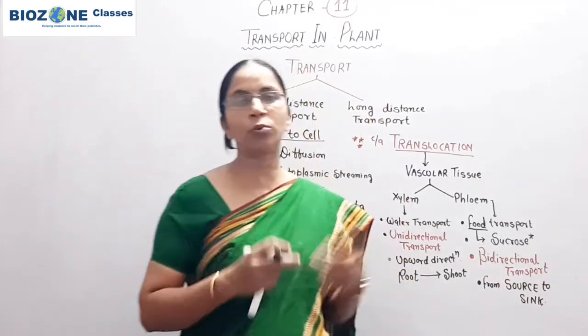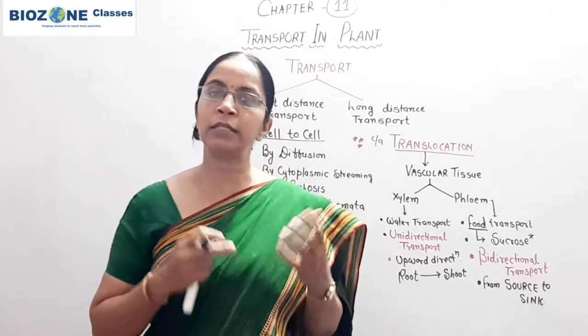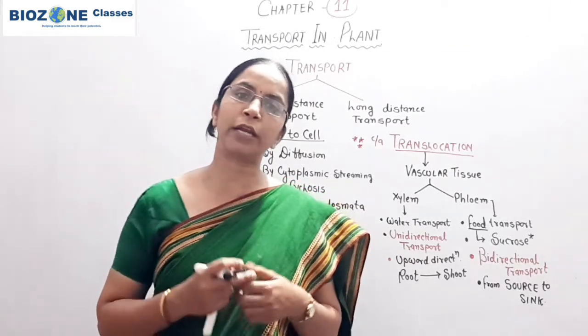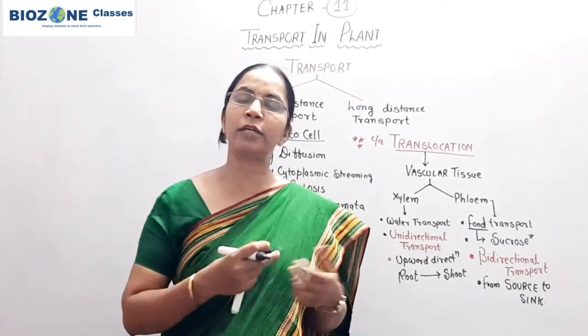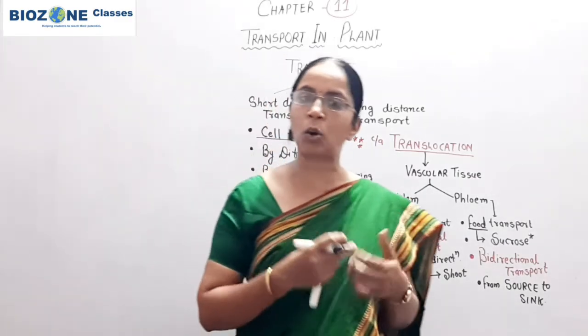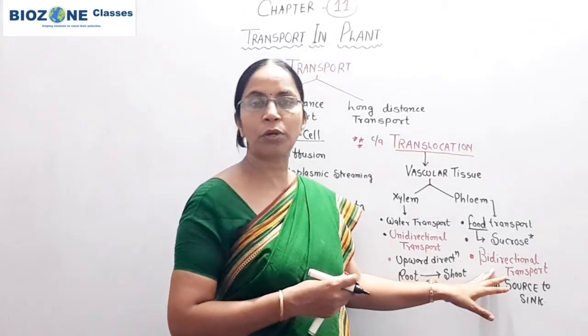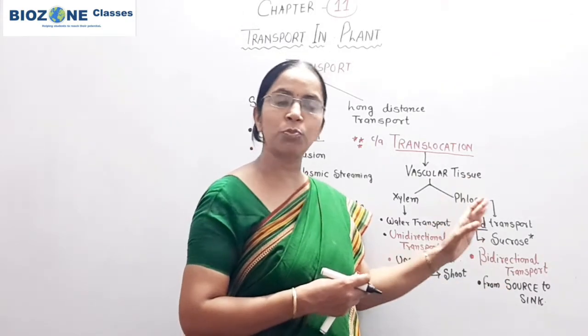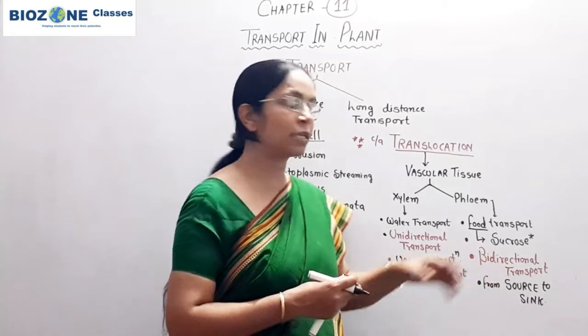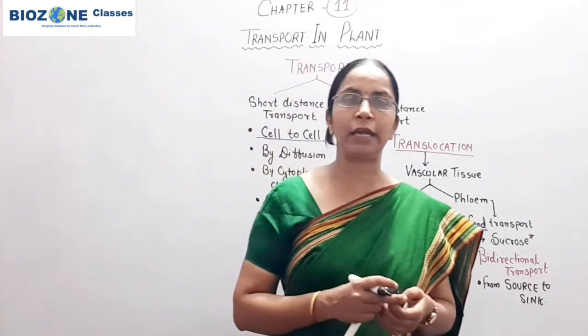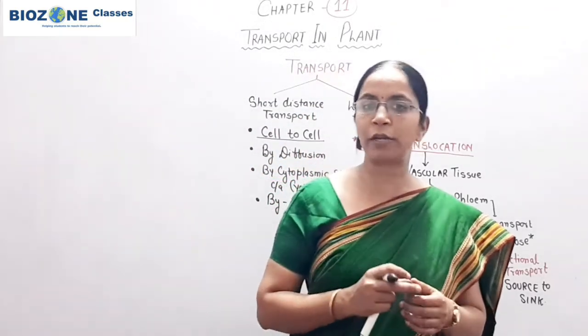According to variation in season, in some season food is transported in upward direction, in another season in downward direction, and that's why we say the transport via phloem always takes place as a bidirectional transport. So this part you remember.